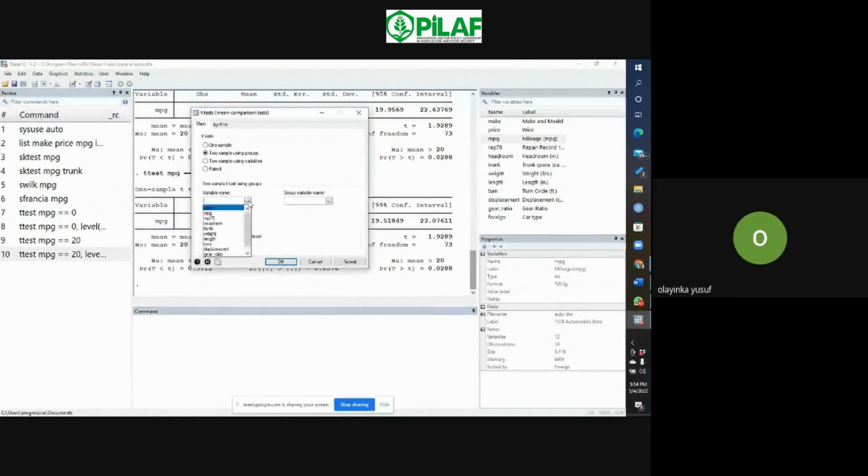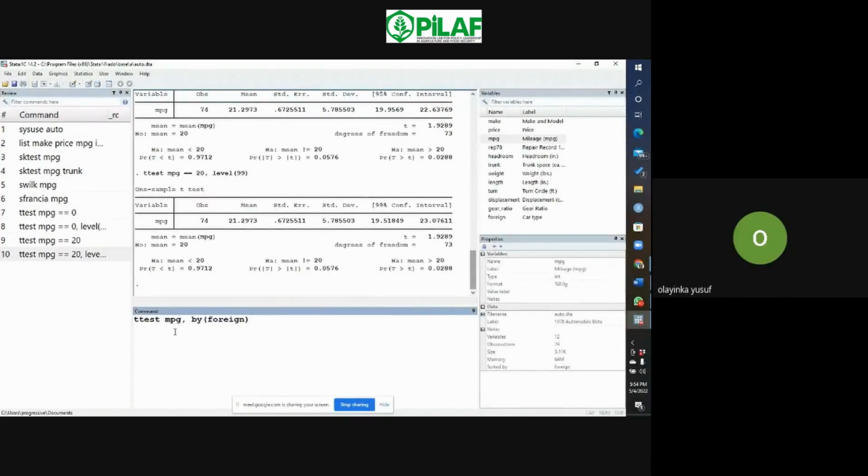So if we choose MPG here, then the grouping variable is foreign. The result we are going to get compares the population mean of MPG in the foreign with the population mean of MPG in the domestic. So if I run this, this is how to write this.